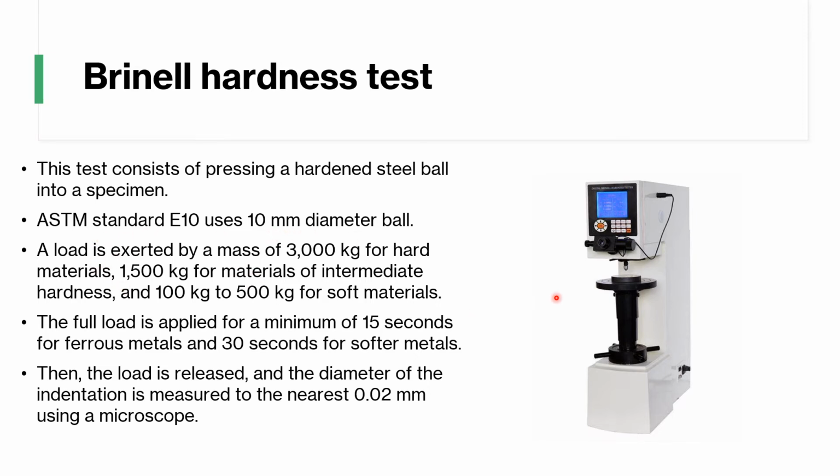A load is exerted, a mass of 3,000 kilograms for hard material, 1,500 kilograms for intermediate, and 100 to 500 for soft materials. Then you apply the full load for about 15 seconds for ferrous metals, and 30 seconds for softer metals. These are your specimens right here for testing.